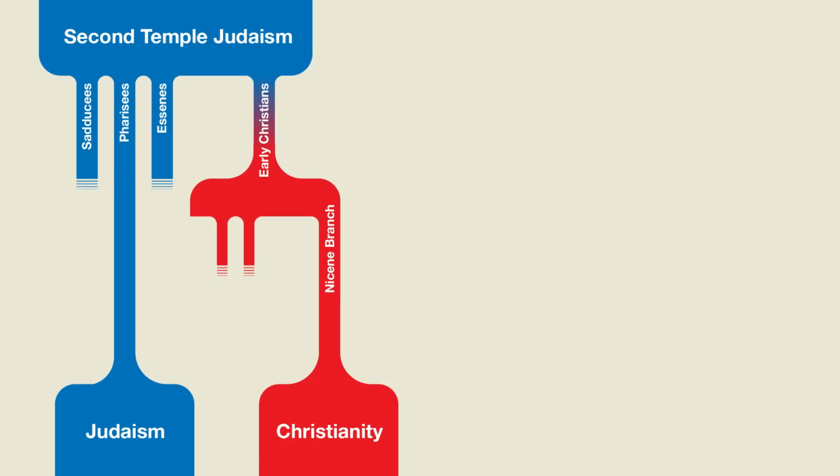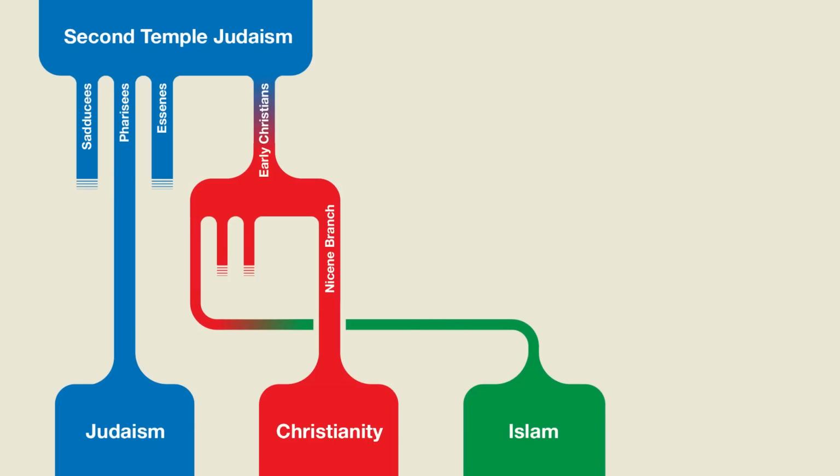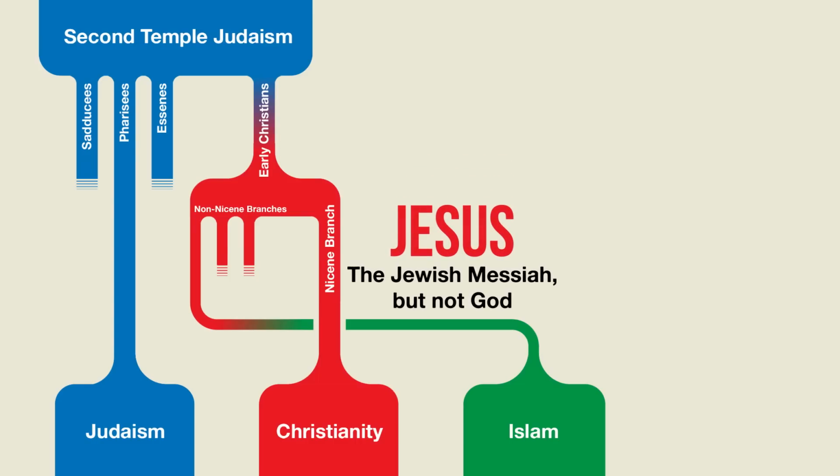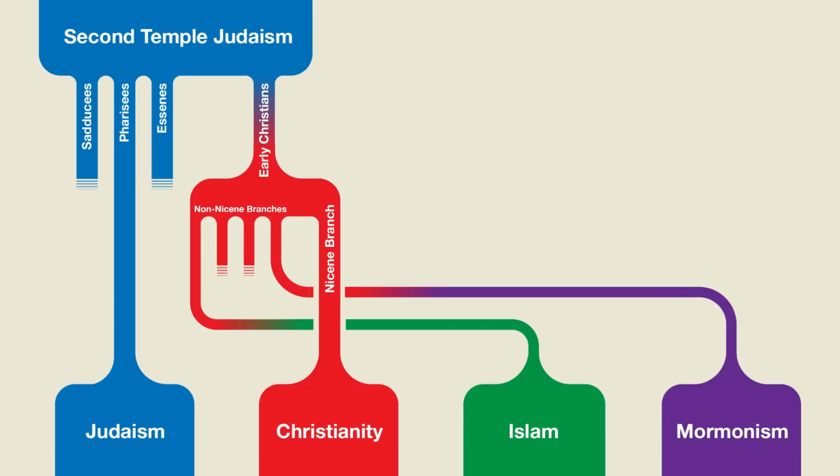In contrast, Islam was likely influenced by one of the many non-Nicene types of Christianity that no longer exist, probably one that saw Jesus as the Jewish Messiah, but not as God. In a similar manner, Mormonism is also based on one of the non-Nicene versions of Christianity.